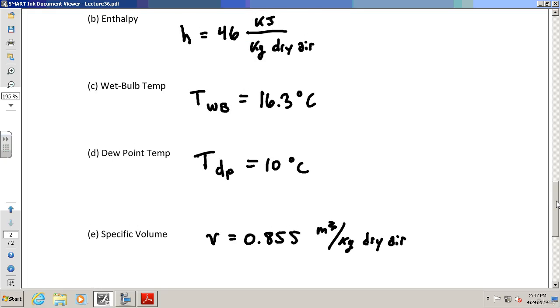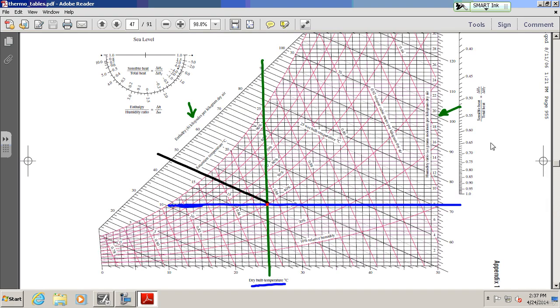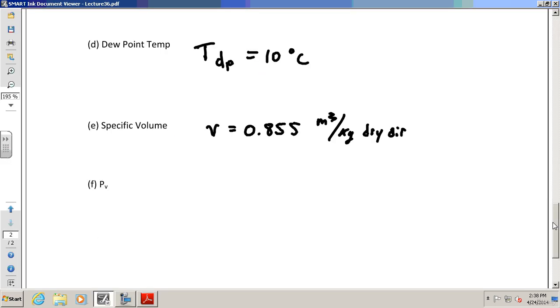And again, the nice thing about this is the chart's pretty easy to read. If I gave you a chart, you should be able to read off the values you need. Last one, you can't exactly read this off the chart, but I thought it was interesting, and that is the vapor pressure. Remember, I told you that the total pressure of air is equal to the pressure of the dry air plus the pressure of the water, right?